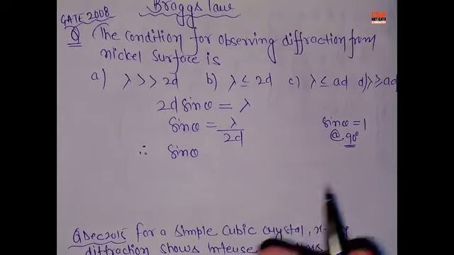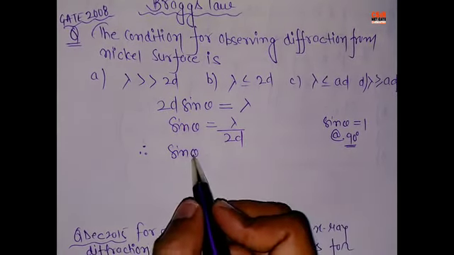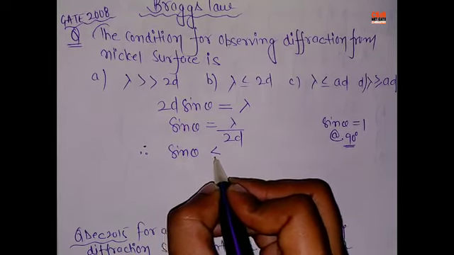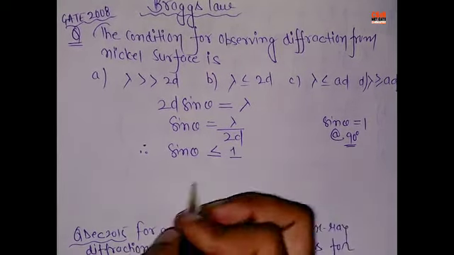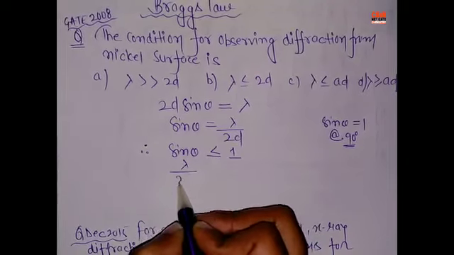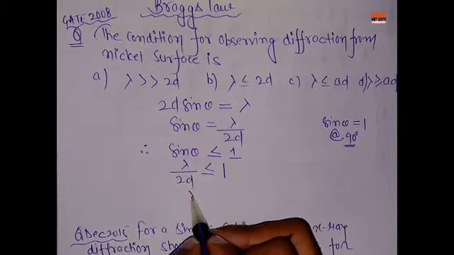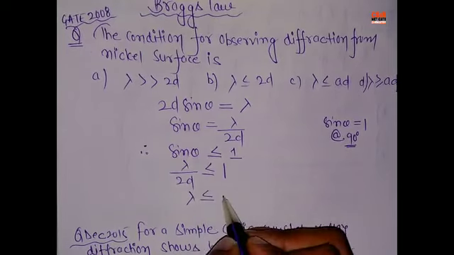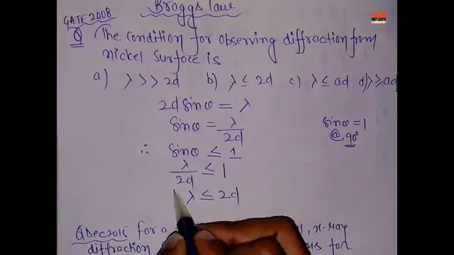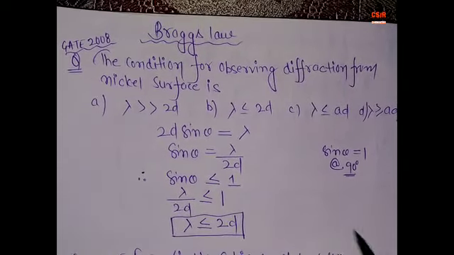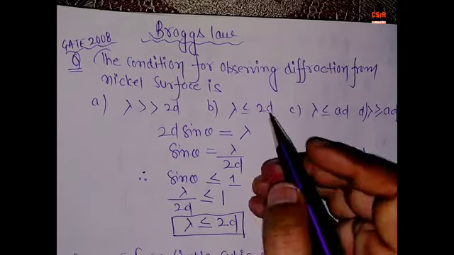It cannot have a value greater than 1. So sine theta is less than or equal to 1. That means lambda upon 2d is less than or equal to 1, so lambda is less than or equal to 2d. This is the condition for Bragg's equation: lambda is less than or equal to 2d.